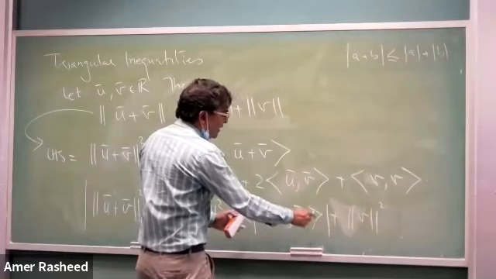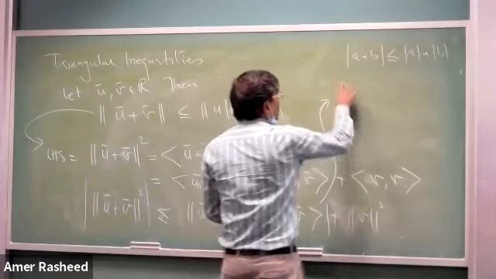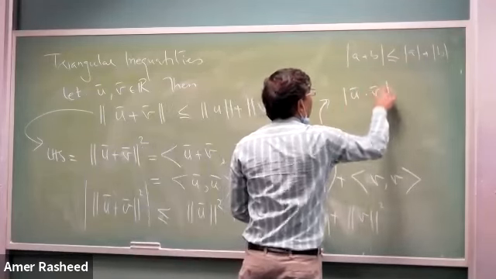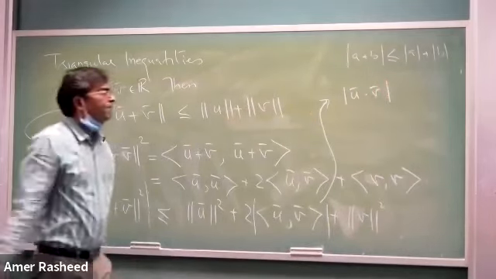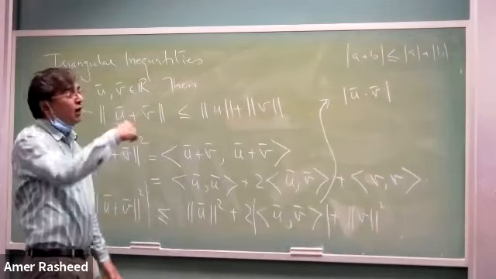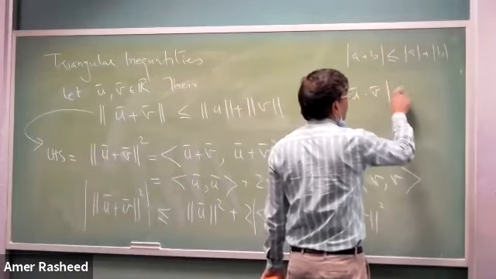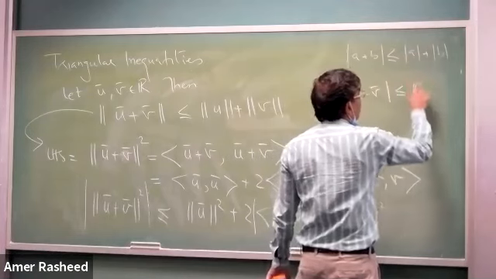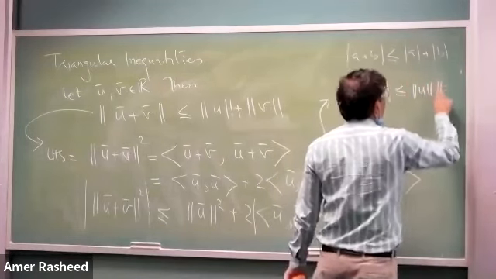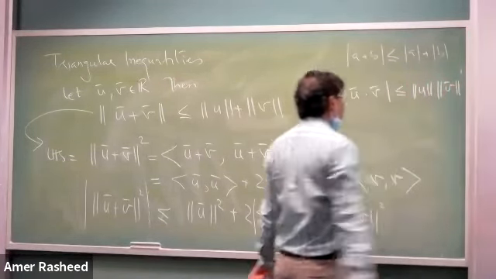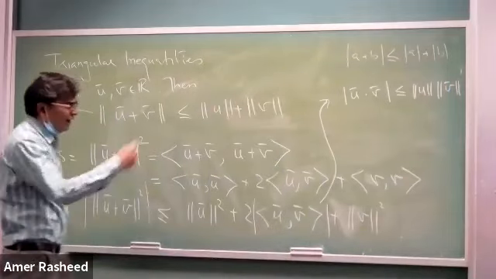Now what is this? This is nothing but the absolute value of u dot v. And by using the Cauchy-Schwarz inequality, what can we write here? The absolute value of u dot v is less than or equal to the norm of u into the norm of v. You know, this is the Cauchy-Schwarz inequality.